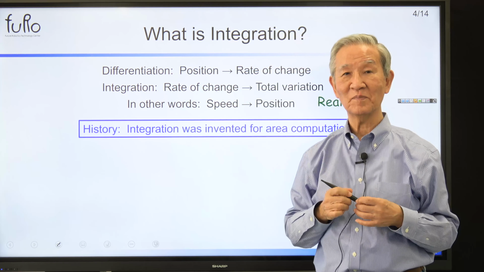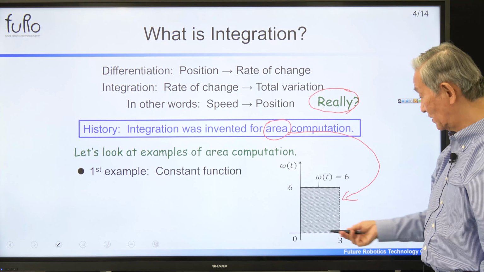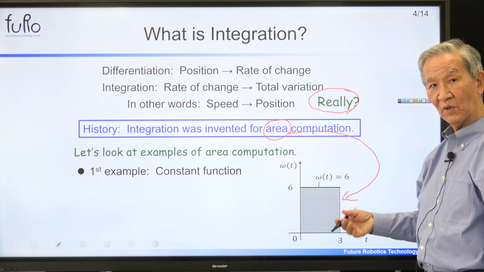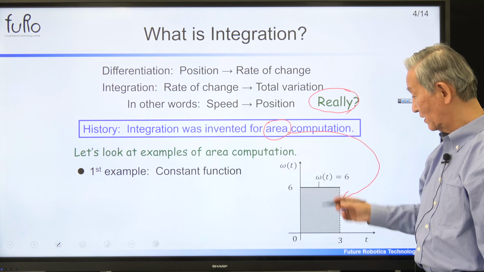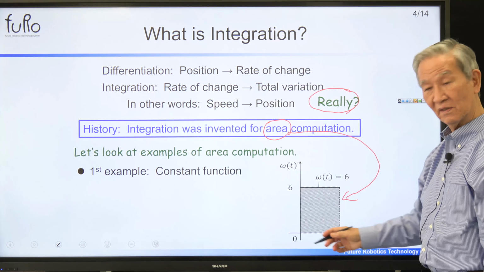Okay. First example: a constant function, like this one here. How can you compute this area? Since this is a rectangle, we all know how to compute the area: height times the length.